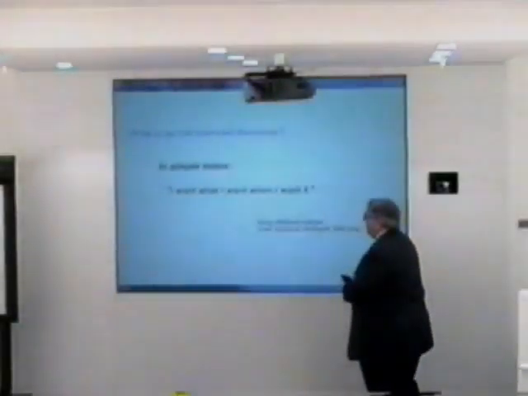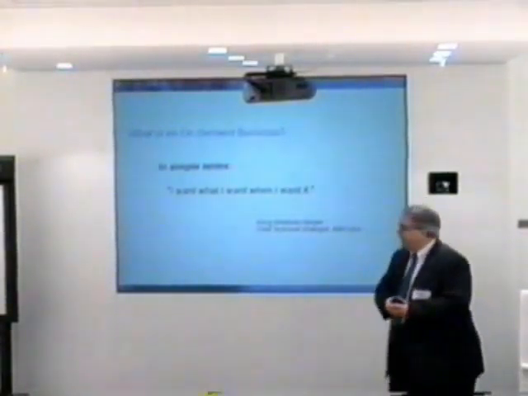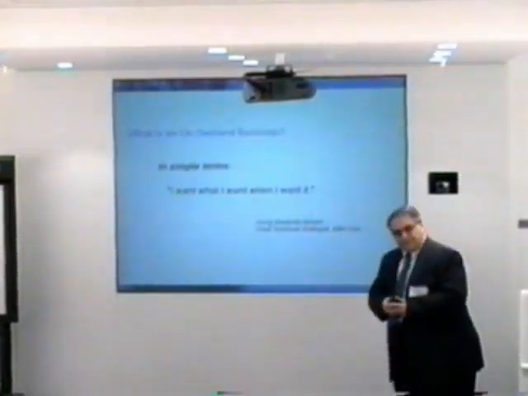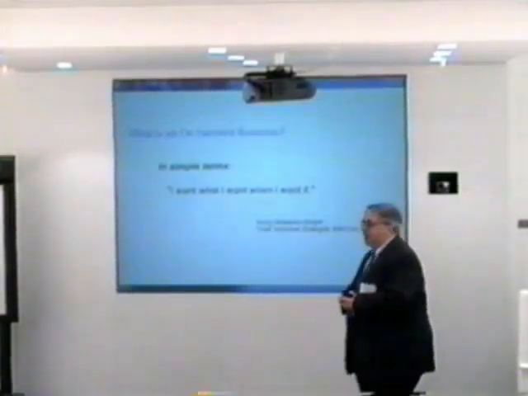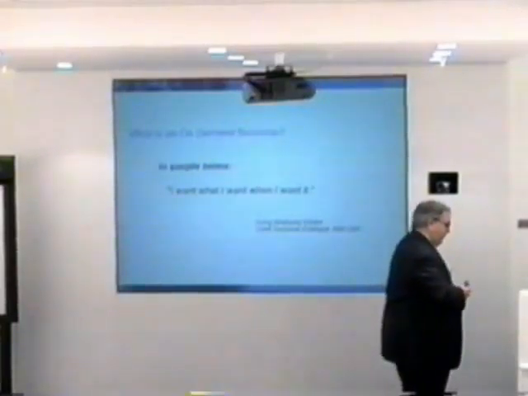Erwin Wadowski-Berger, our Chief Technical Strategist at IBM, has his own definition of what on-demand is, and it's I want what I want when I want it. And I think we kind of understand that one clearly, and it's how do we implement what you want, when you want it, and do it in a precision manner that helps differently.